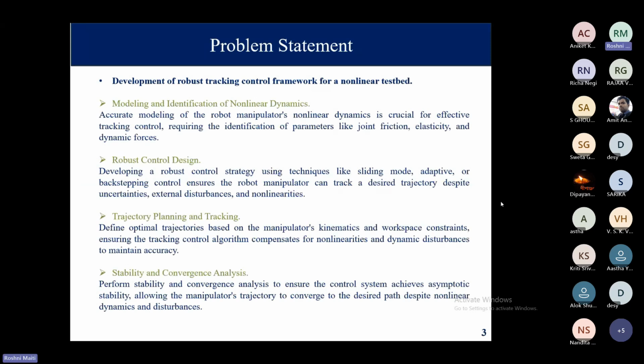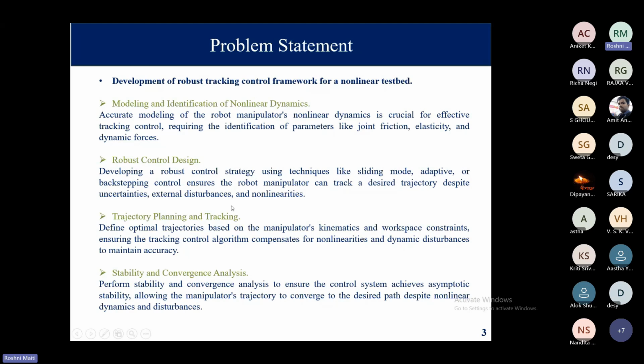So first, some problem statements and definitions are given, that is the modeling and identification of nonlinear dynamics, because we all know this robot manipulator is obviously a nonlinear system. After this, the robust controller design.